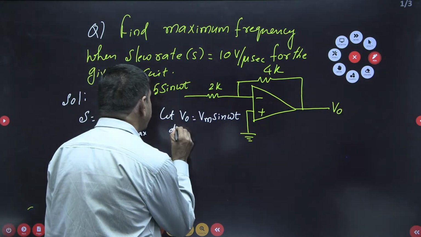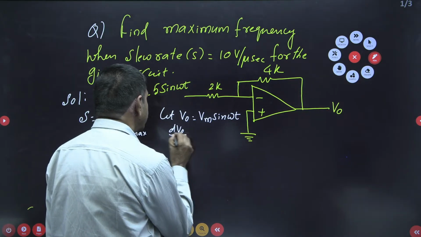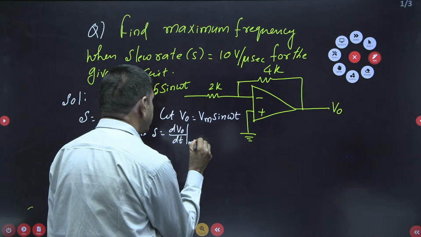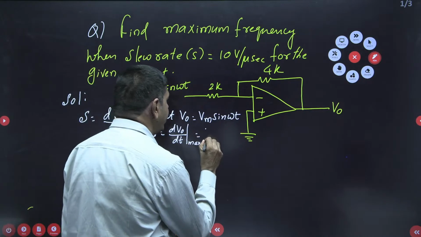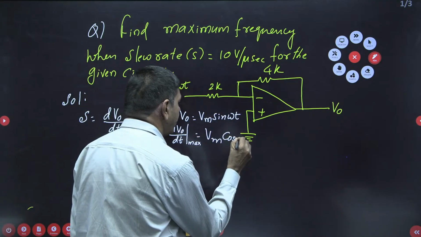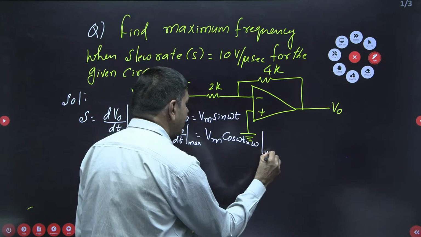I want to find dV0 by dt, the slew rate, and that is the maximum I want. The derivative of Vm sin omega t: Vm is a constant, the differentiation of sin omega t is cos omega t times omega.